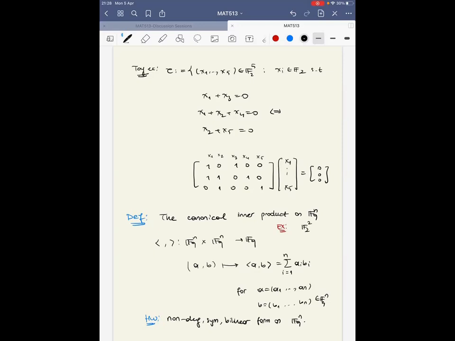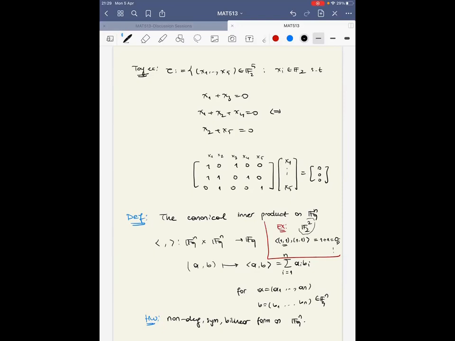But in the finite field case, if we consider F_2 squared, with respect to this definition we can easily check that the vector (1,1) is orthogonal to itself. So in the finite field case, we should be careful.